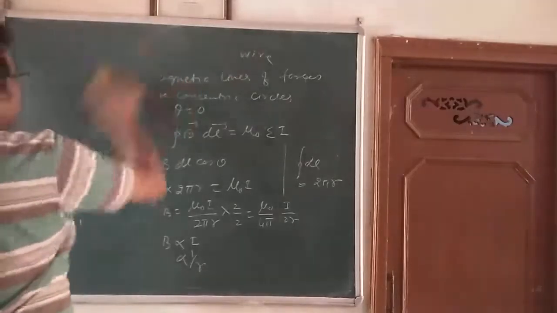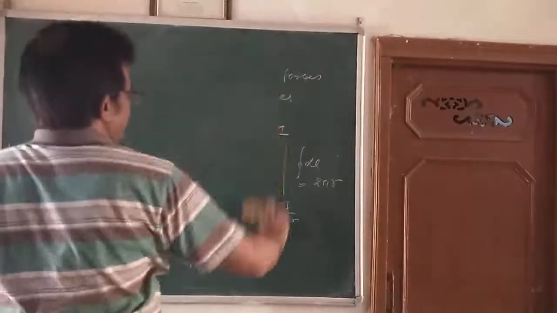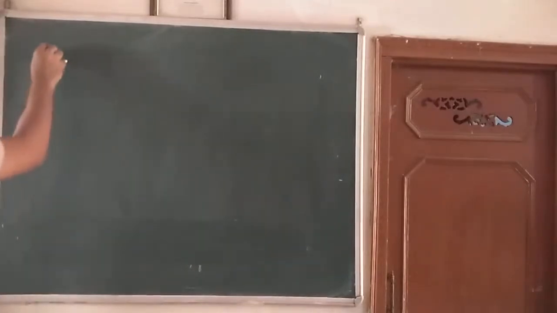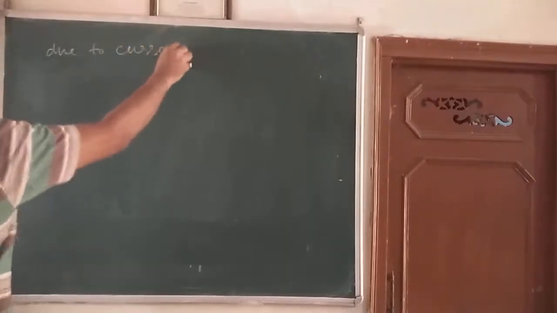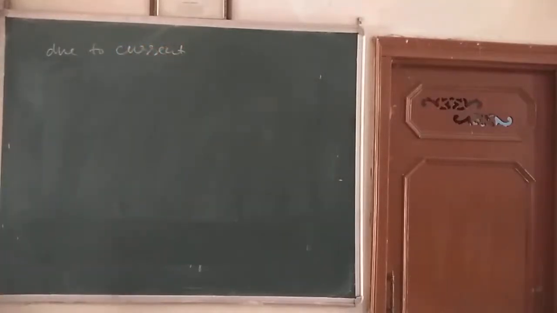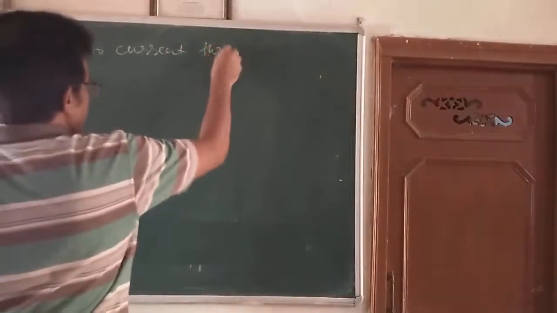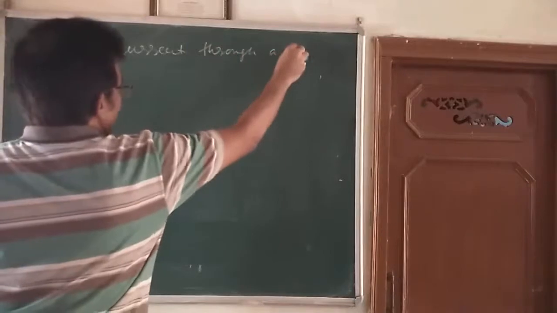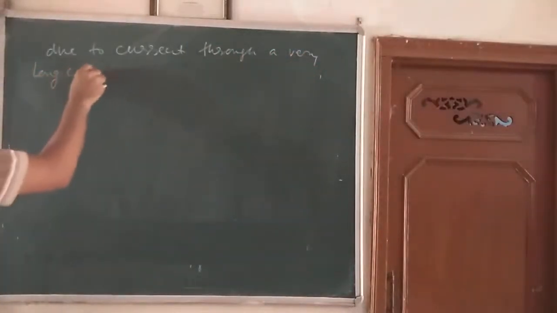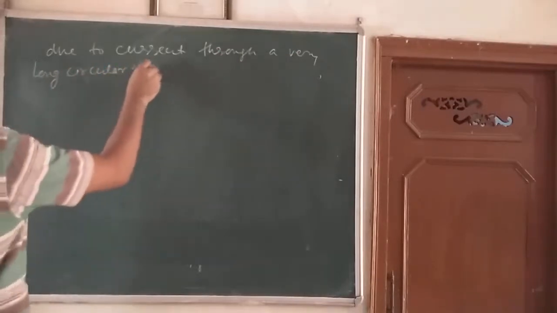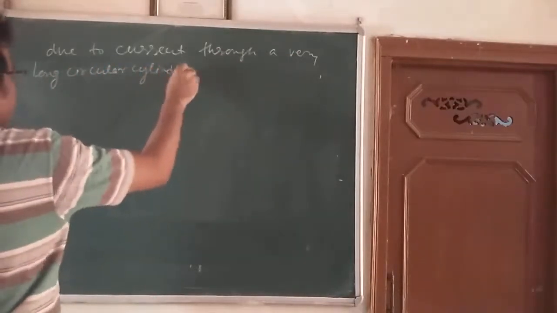Now, the magnetic field due to current through a very long circular cylinder. Here we are taking two cases.